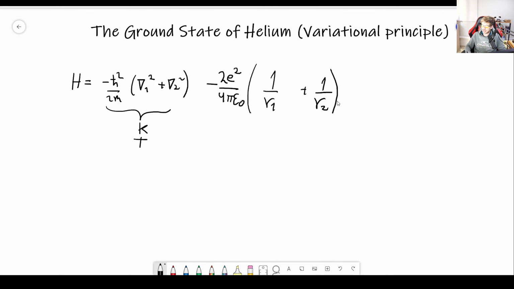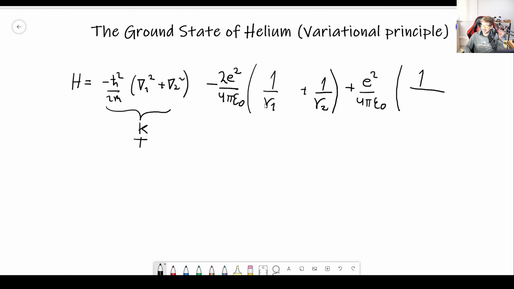This time we're going to get a plus sign, and then we get e squared over 4 pi epsilon 0. This is just a Coulomb interaction. And then we get 1 over the distance between the nucleus and, the nucleus was before, this time it's the distance between both of the electrons.